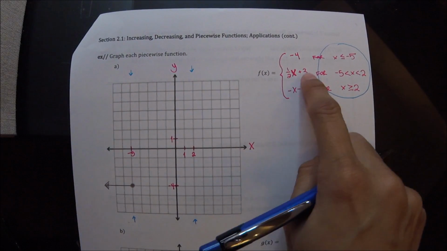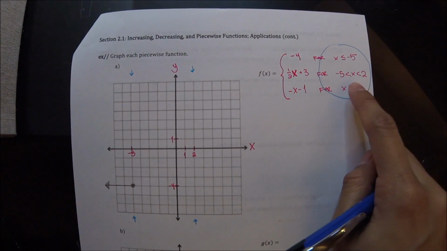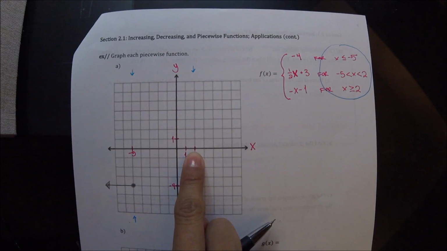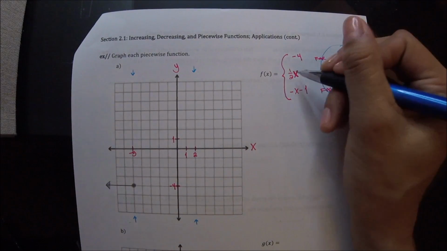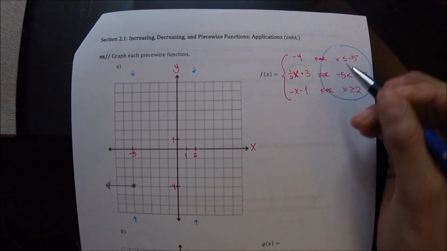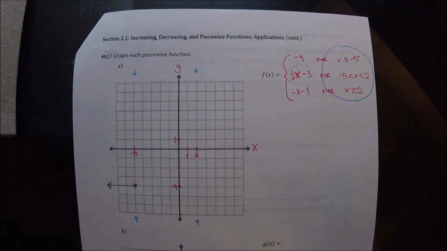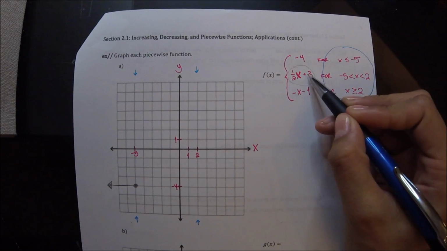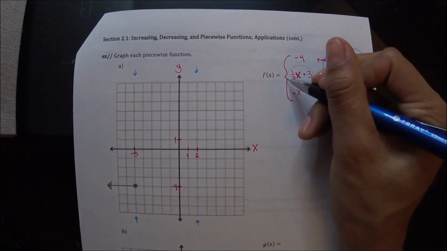Let's move on to the middle one. So it says when x is between -5 up to 2, we need to graph this. But we know how to graph this. This should instantly scream out to you that it's a straight line because it's mx plus b, right?